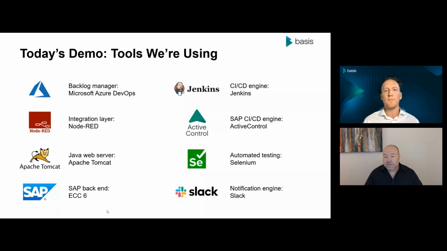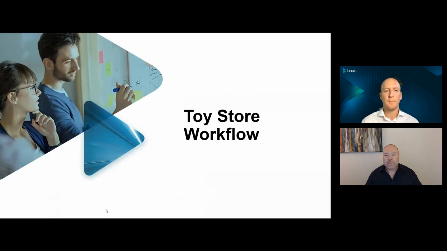For the notification engine, we're going to use Slack just to notify, hey, build started, or you're eligible to start working on a particular change. UI automation is in Selenium, and then we're using Node-RED as an integration layer, as middleware, to be able to wire everything together. It's an open source technology, runs on Node.js. Okay, let's get into the demo.